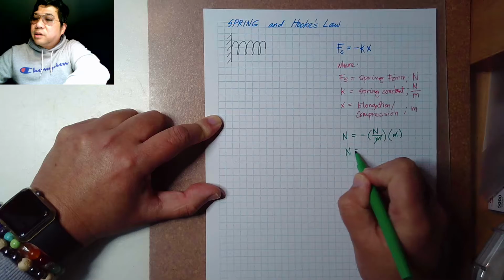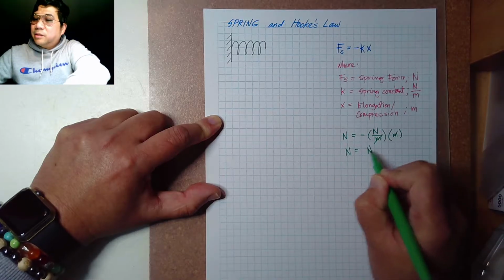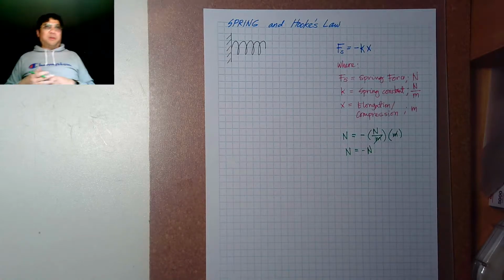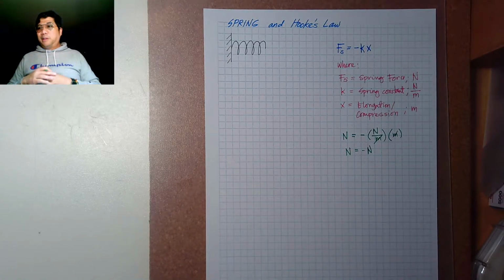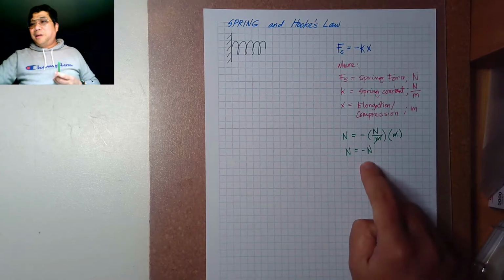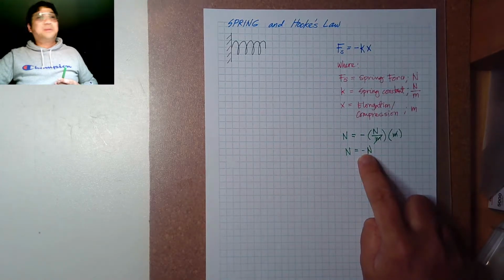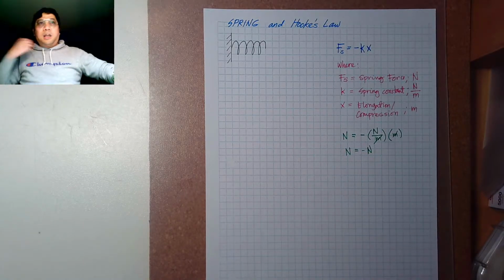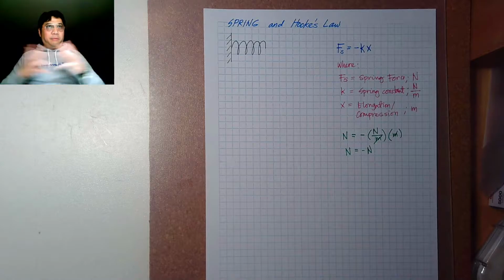So newtons is equivalent to newtons. But there is this negative. Now, let us explain where the negative comes from, and why it's negative. Later on, this negative will cancel out and just turn into positive. Allow me to explain it to everyone.